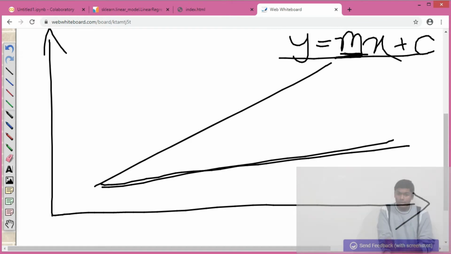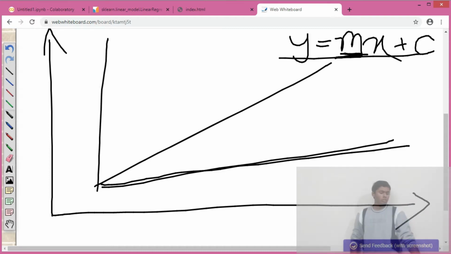Now what is m? M is slope, as I said. If you know some trigonometry, m is actually tan theta. It is the theta that the line makes with the x-axis. So the more the tan theta, the more the slope. And let's say I have one more line like that. This is much more steep, so it has a much greater value of m.